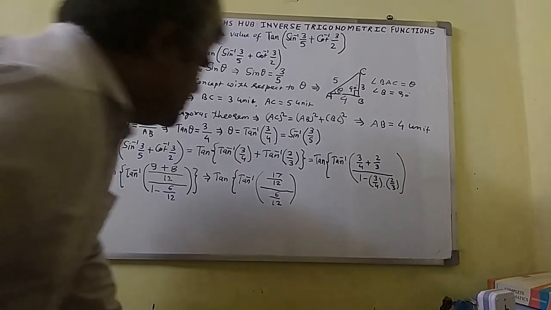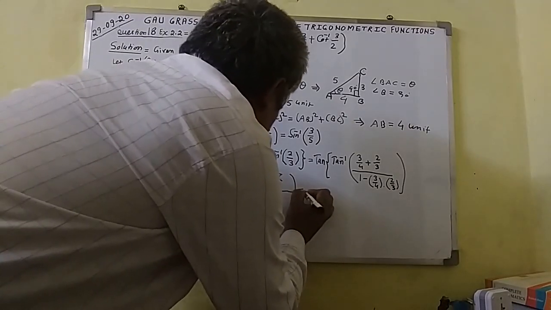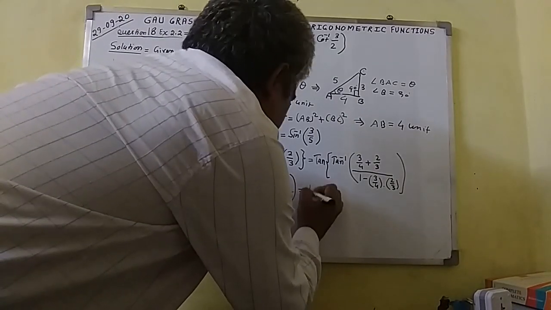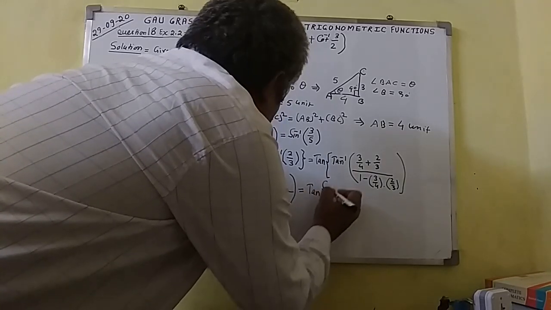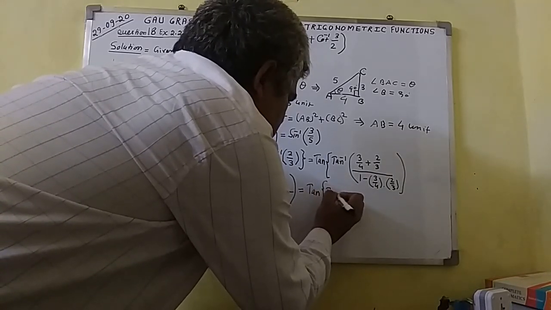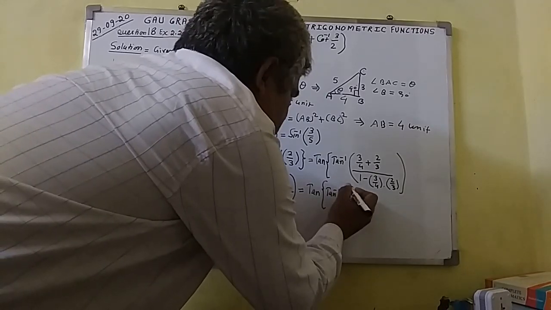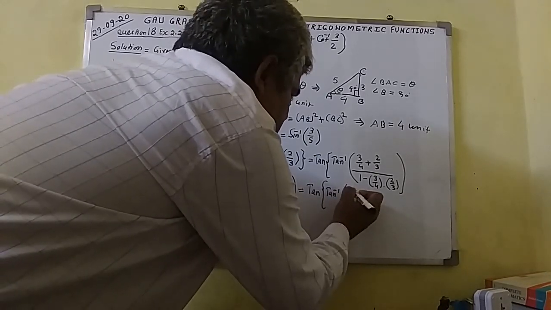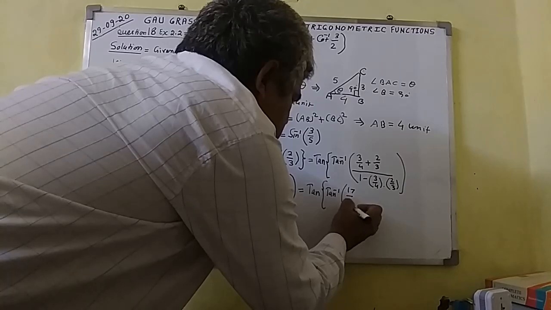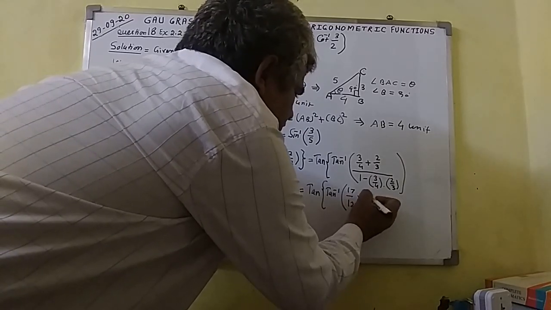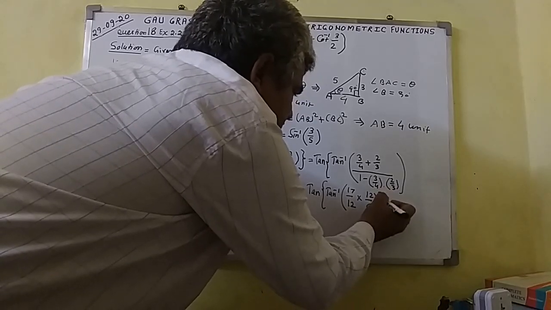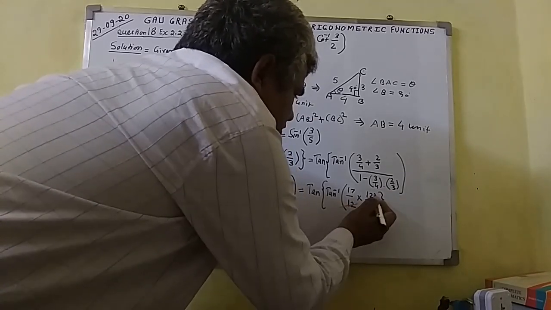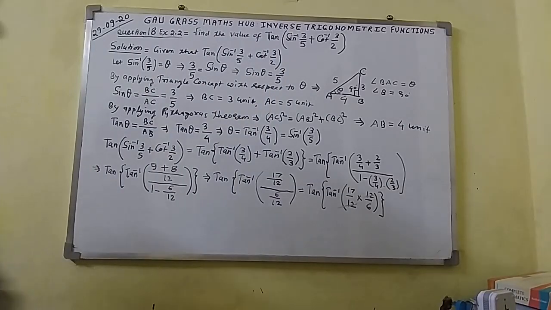Now what will we do here? Equal to, you can write tan, open curly bracket, tan inverse in bracket 17 over 12 will multiply by 12 over 6. This 12 will be cancelled out.